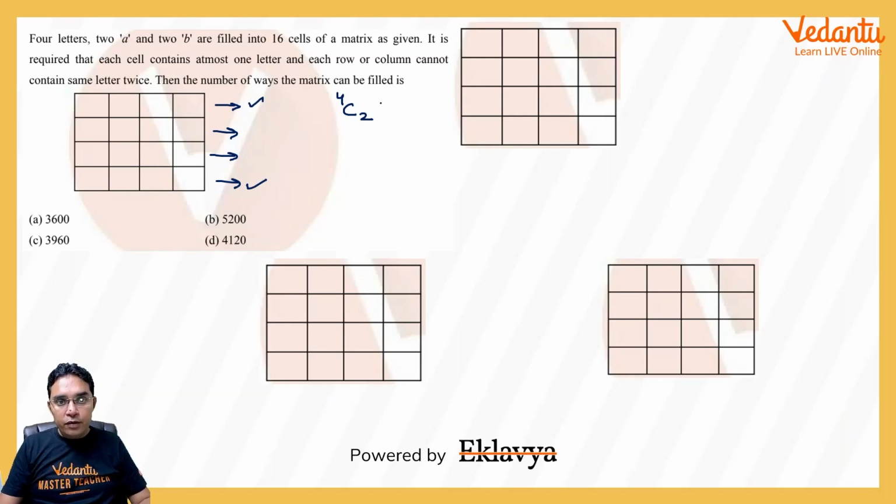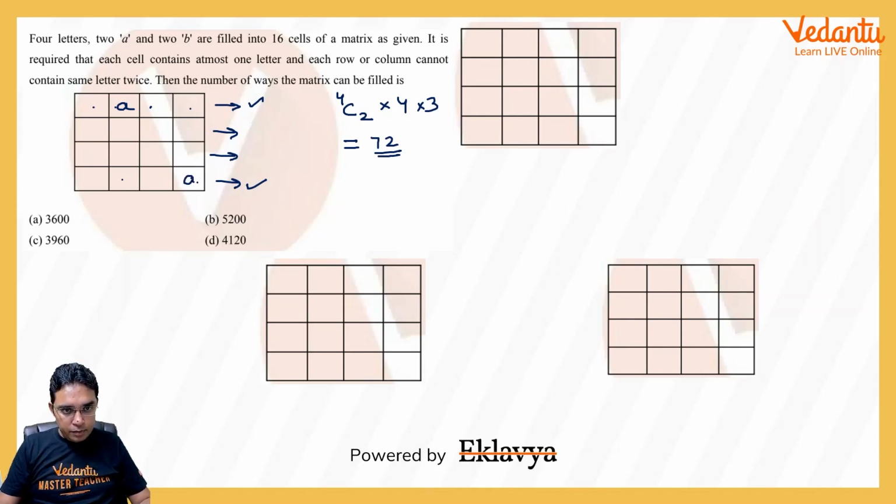Then we fill the first row with A in 4 ways, because all the cells are empty. After filling this A we cannot put my other A in the same column, so I'll have 3 options only for the second A. So the total would be 6 into 4, 24 into 3, that is 72. So there are 72 ways to fill the 2 A's.